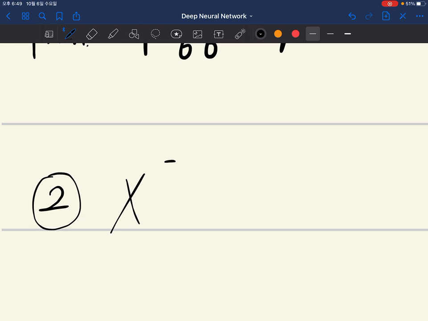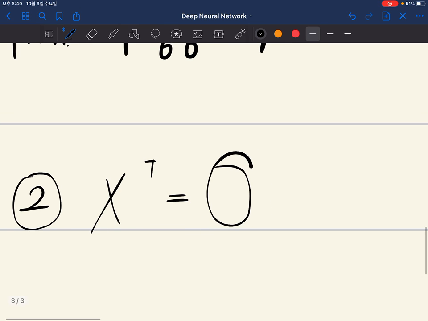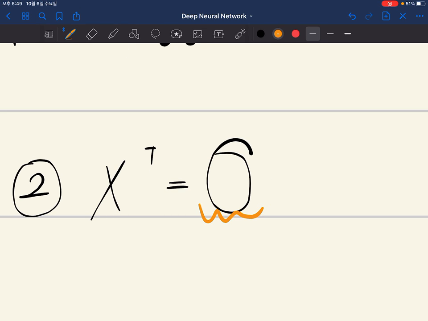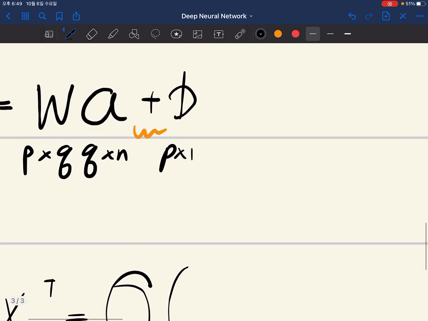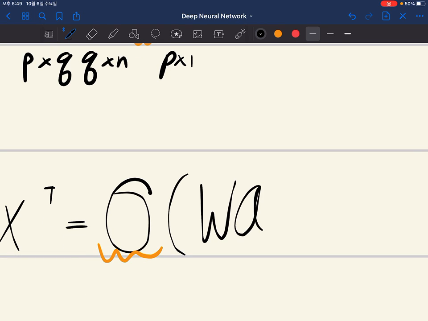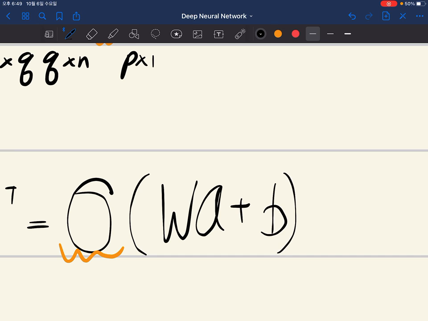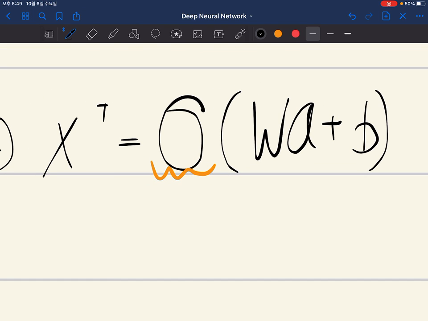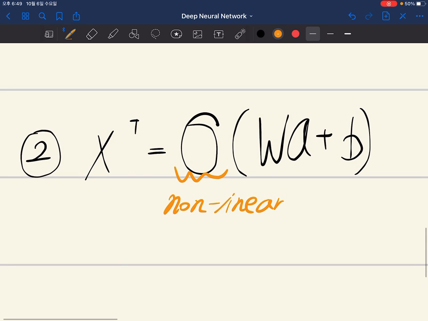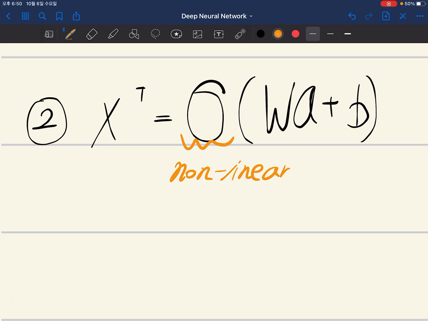Nonlinear factor model is nothing but taking the activation function, which is often denoted as the Greek letter sigma, to the affine transformation WA plus B. So let's assume that this sigma function, the activation function, is a nonlinear function of the factors A. Then this is the nonlinear factor modeling.